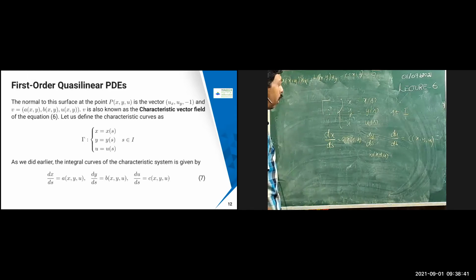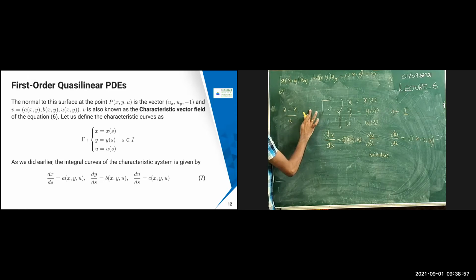Of course, this is the same thing we did in the method of characteristic. Instead of this one, we transformed it into u equal to eta x comma beta y, and so on. Almost the same kind of settings. There we did it like this: x minus x1 by a equal to y minus y1 by b.